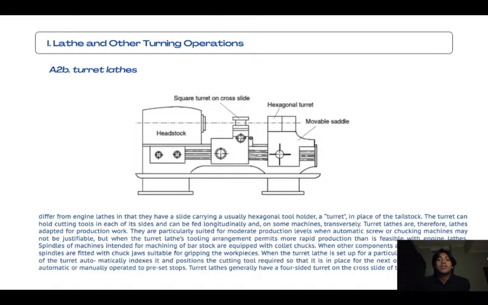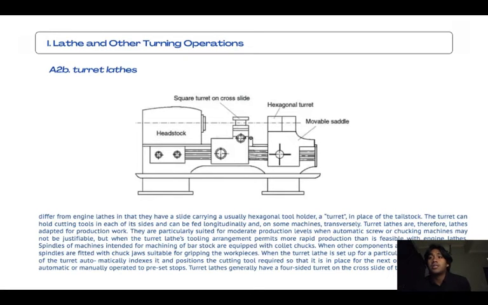Still in the engine lathes topic, now we move on to turret lathes, which are different from engine lathes in that they have a slide carrying a usually hexagonal tool holder. It's called a turret. In place of the tailstock, the turret can hold cutting tools in each of its sides and can be fed, on some machines, transversely.